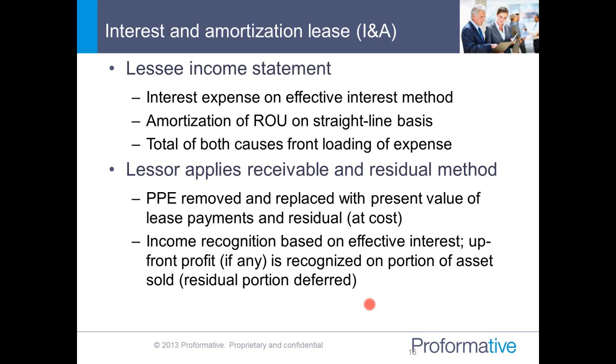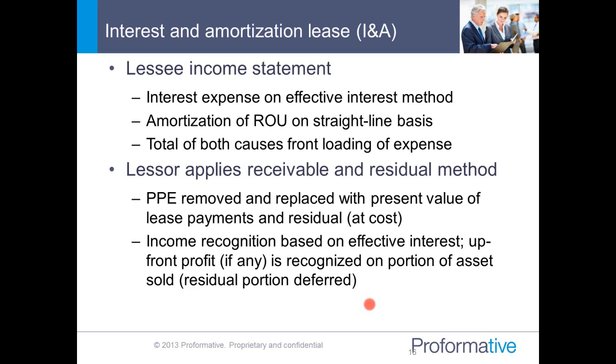And they're going to de-recognize the asset and replace it with two assets. Meaning they're going to remove the leased asset, or the underlying asset, from the balance sheet and replace it with the PV of the lease payments and the residual. And they're going to recognize interest based upon the effective interest rate method.